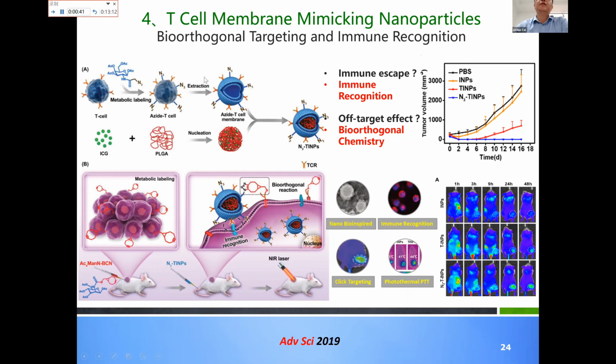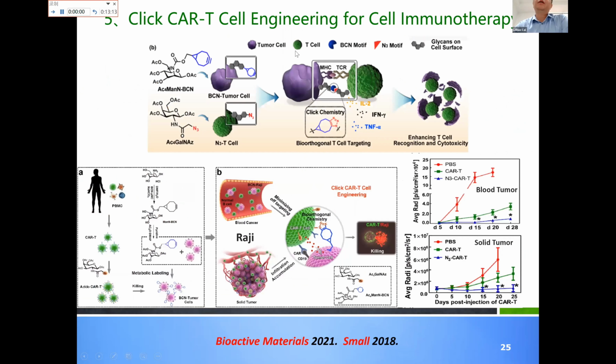This only uses the T cell membrane. We also use this CAR T engineering for cell immunotherapies like this. We use the BCN sugars, and also the iso sugars, with this click chemistry. So our T cell and also tumor cell can be recognized. This is like artificial targeting. We introduce artificial targets on the T cell and the tumor cell, and they can be recognized together.